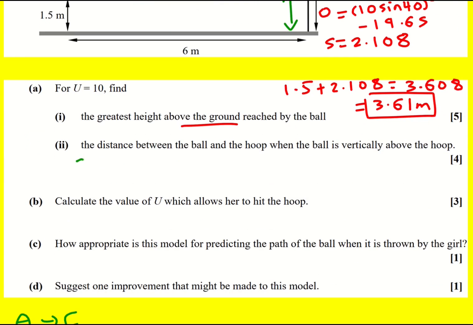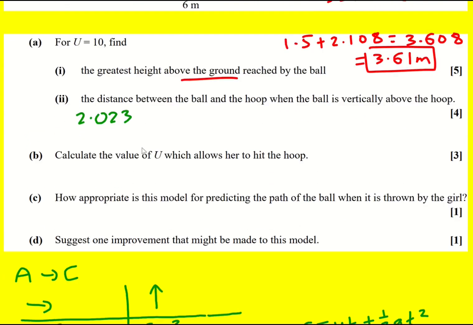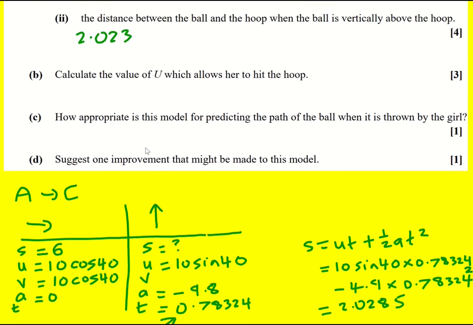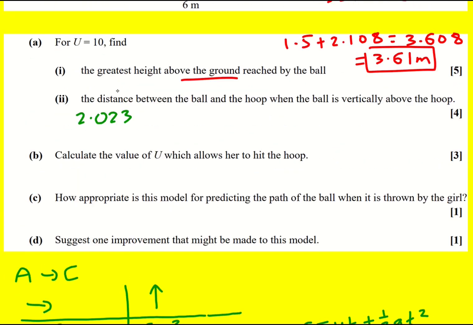So it's 2.0285 plus 1.5 minus 2.5. That's equivalent to just minusing 1. 1.0285 or 1.03 meters.